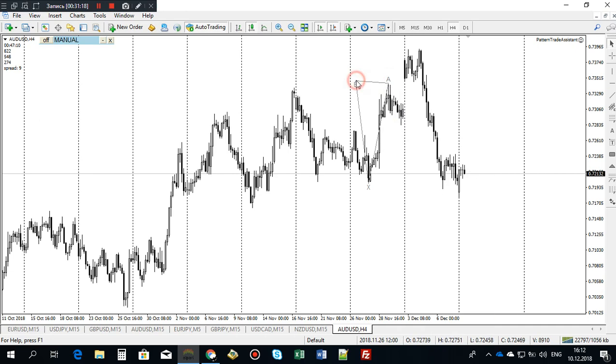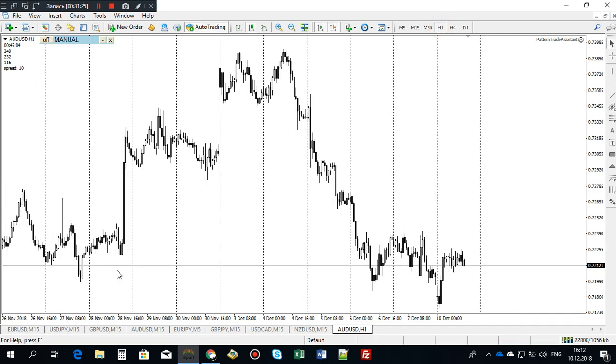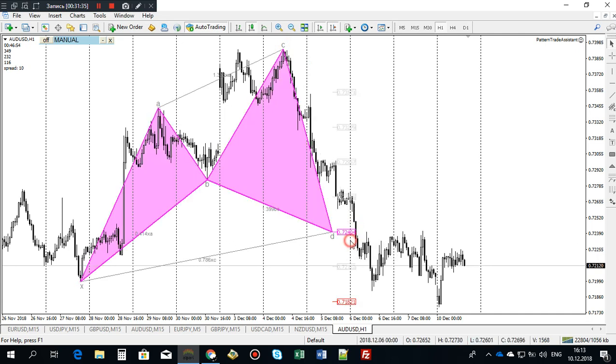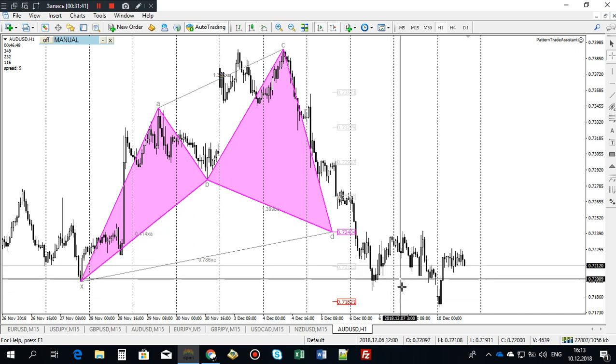Oh guys, I'm a stupid idiot. To draw a cipher I need to enable cipher. Okay, this is the cipher. It hit the stop loss order.